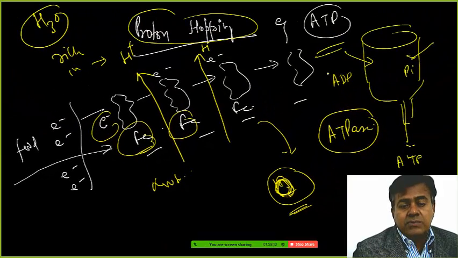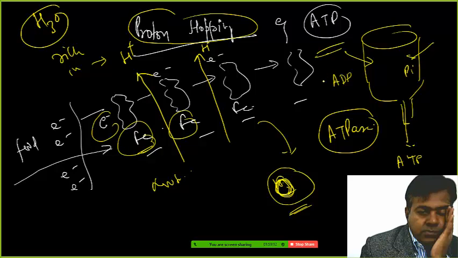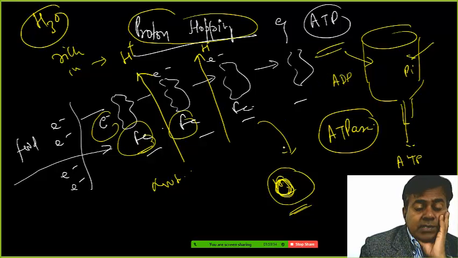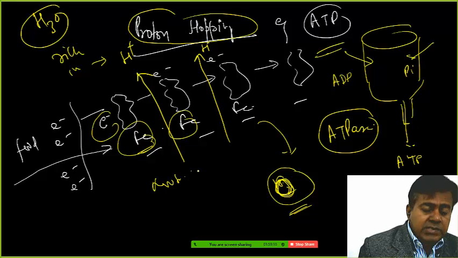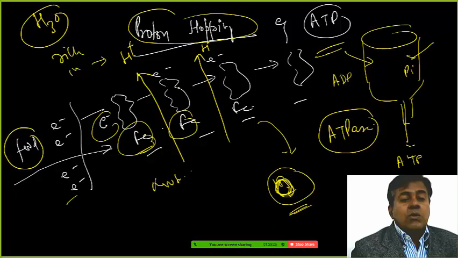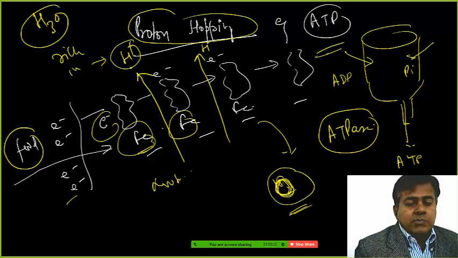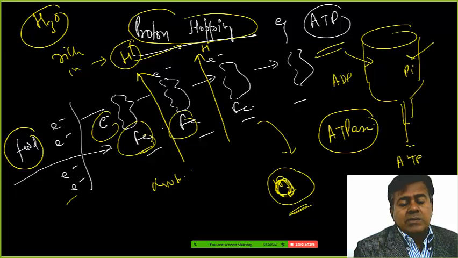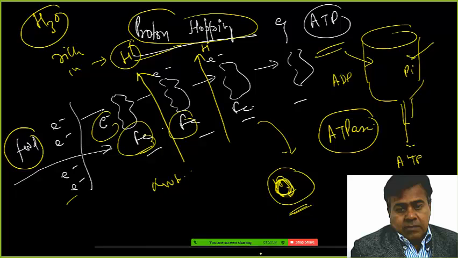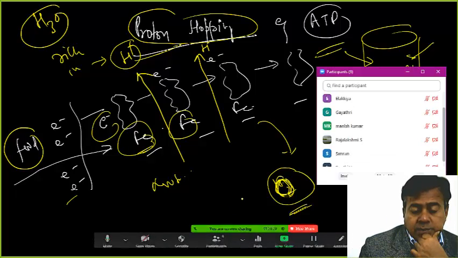Okay, you got the idea or not? Very simple. I am not going into the detailed mechanism of which oxidizing agent, not that. I am just telling you from where the electron is coming and how the proton hopping works. This proton pumping is also given a term called proton hopping. Either you are completely understanding or totally not understanding.